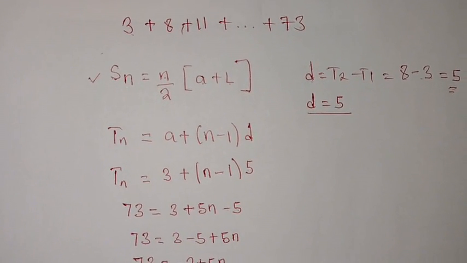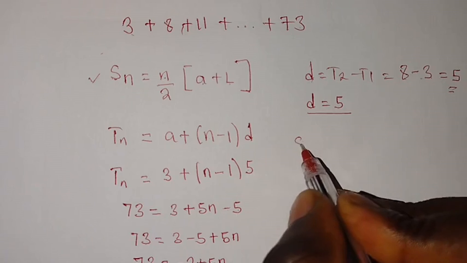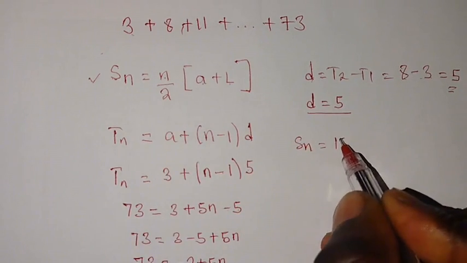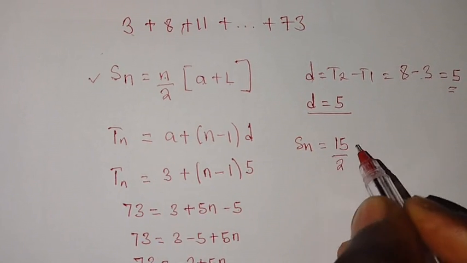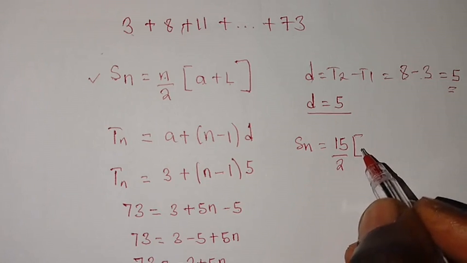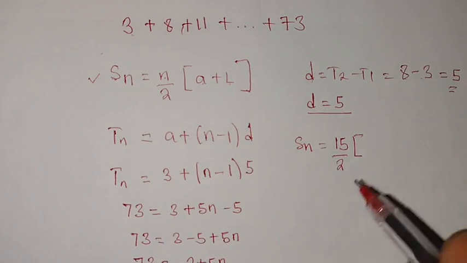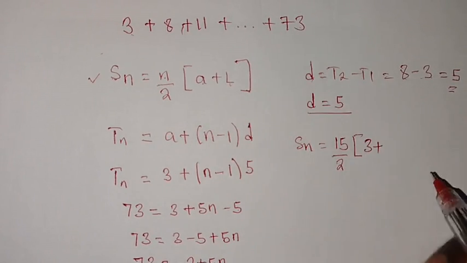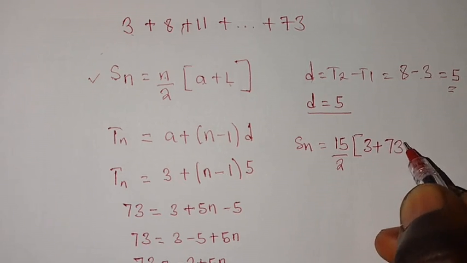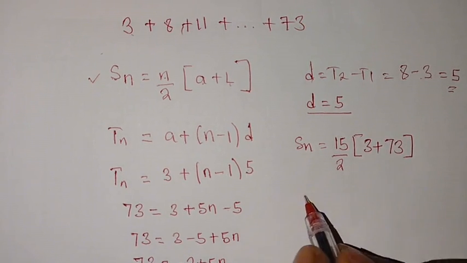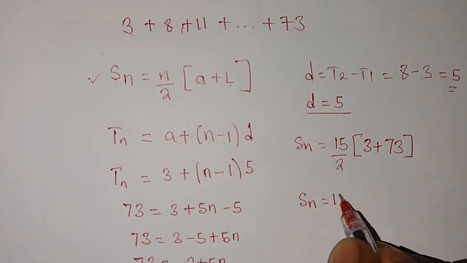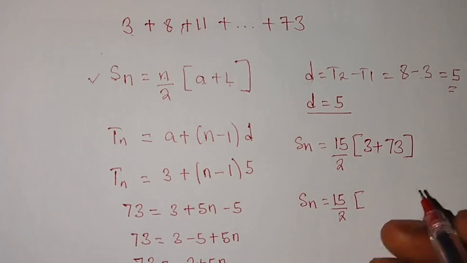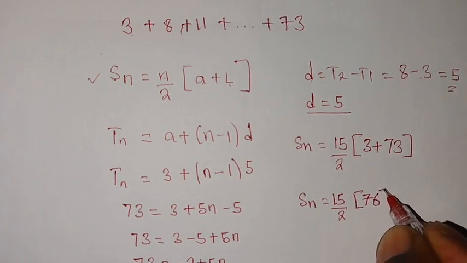Since we know what the formula is, we're just going to say sum is equal to, where there is n, we put 15 over 2, open bracket. a is 3 plus l, the last term, which is 73 right there. We close. So sum is equal to 15 over 2, then 3 plus 73, this will give us 76.